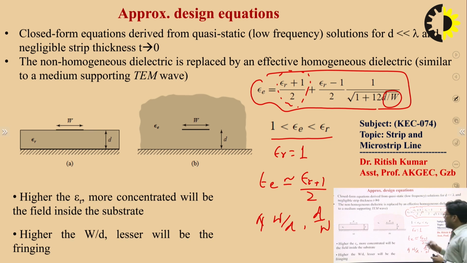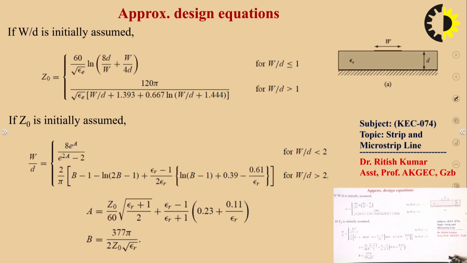So this is how to find the effective relative permittivity. These are the formulas that you need to take to design a microstrip line. In this we have two parameters, w and d, and if you want to design a microstrip line for a certain impedance Z0, then we have a formula for this.